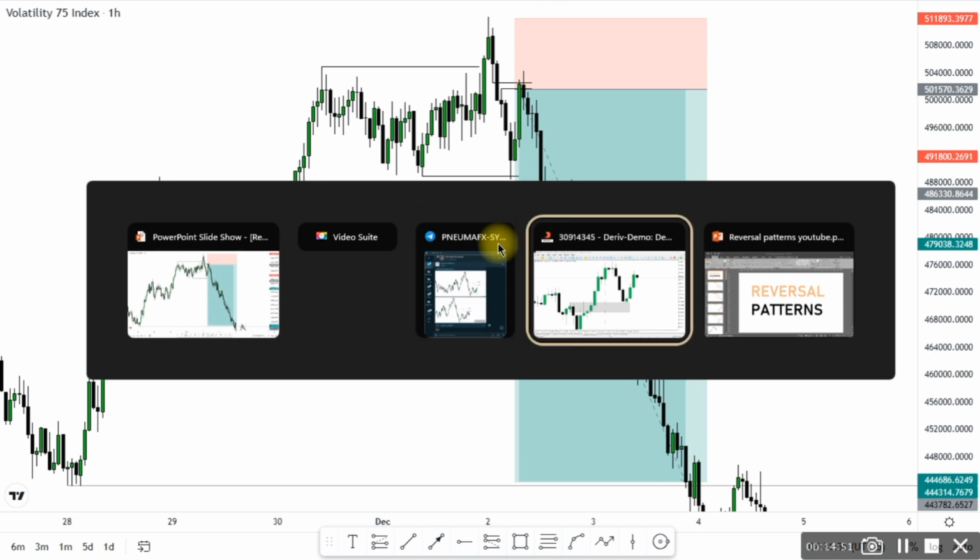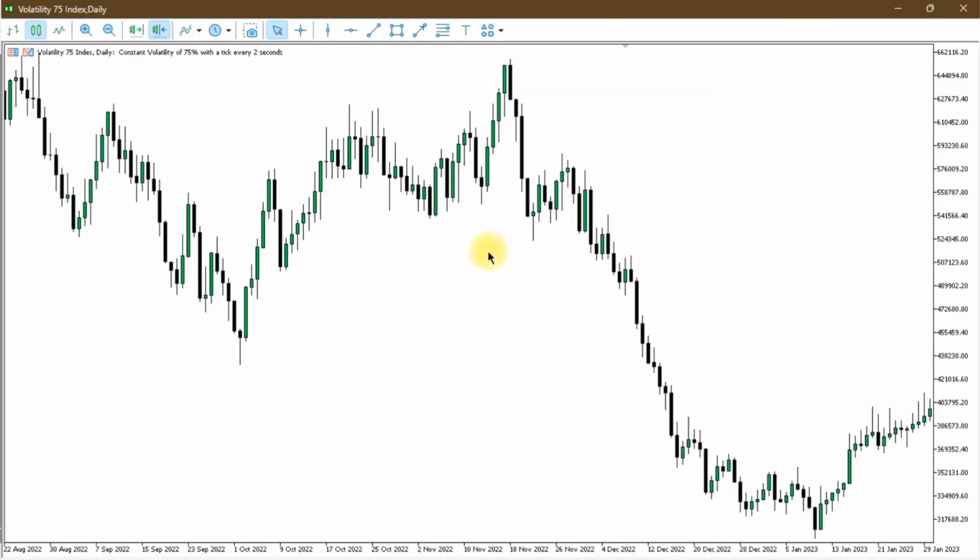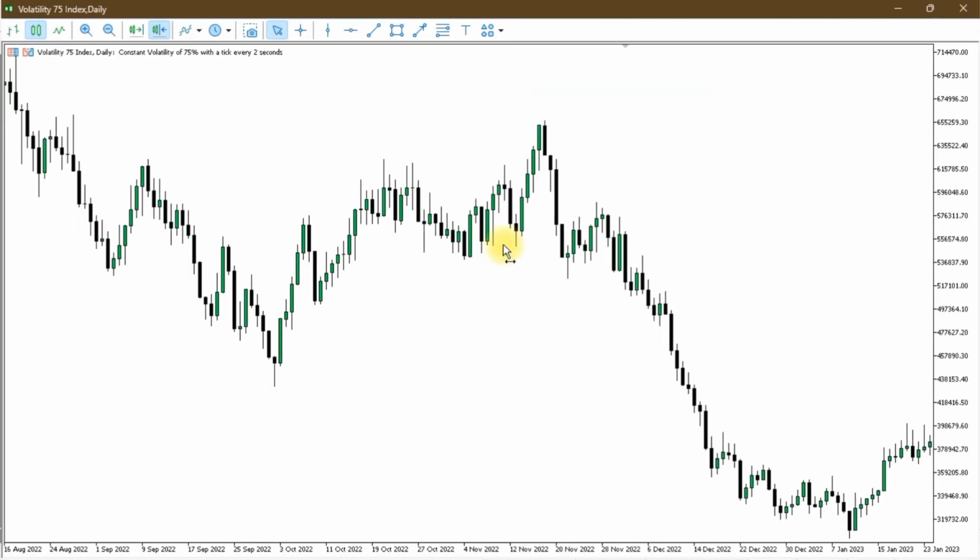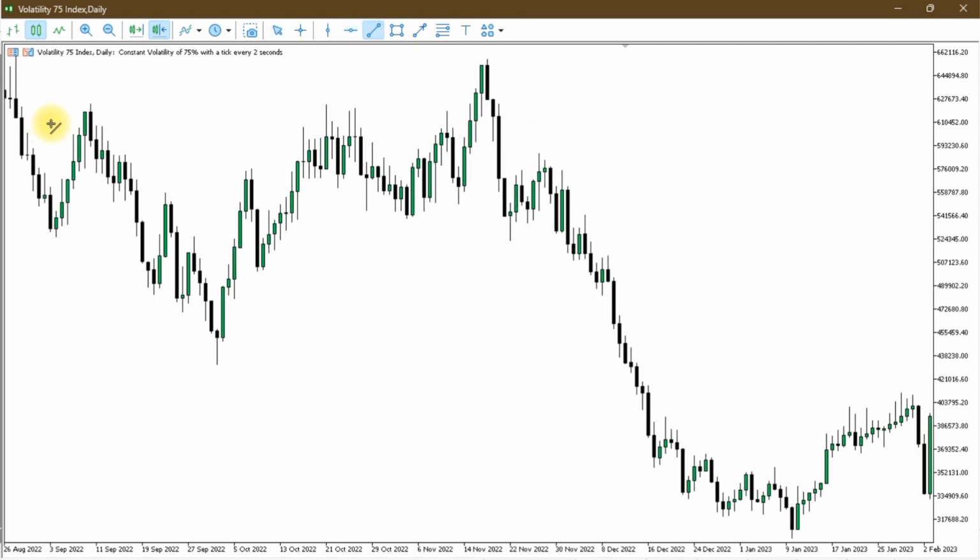So here, okay, let me show you. See this? We have relatively equal highs right there for buy side liquidity, and price runs the low that created that buy side liquidity, being broken right there, right? That confirms the reversal.